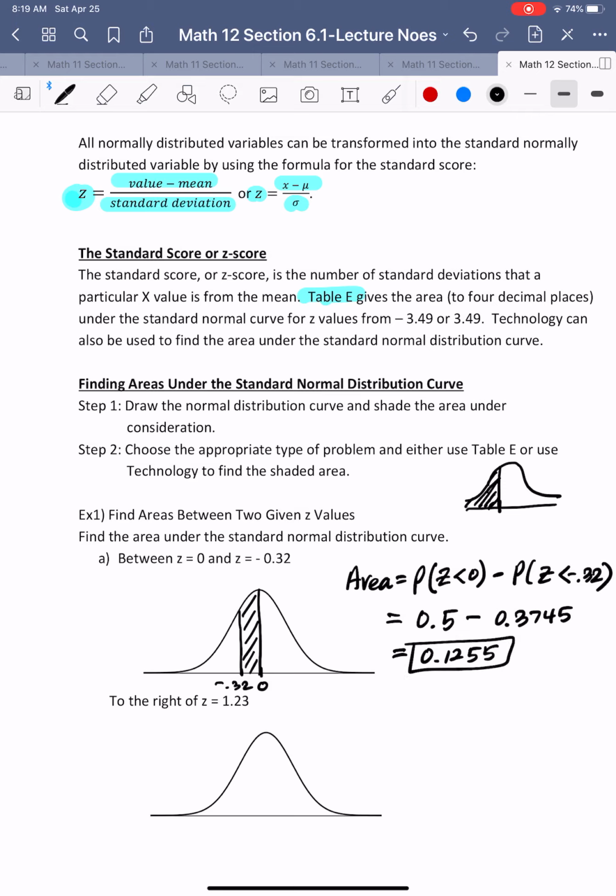Now I want to look for the area to the right of z equal to 1.23. So there's a 0 here in the middle, and about here is 1.23.